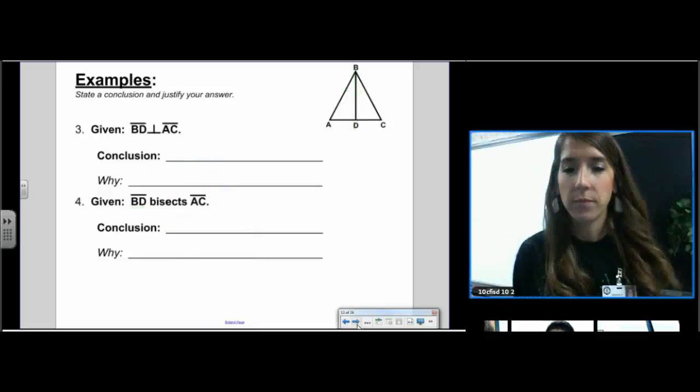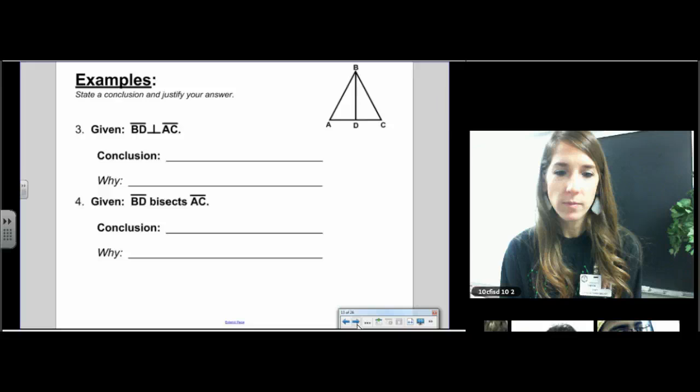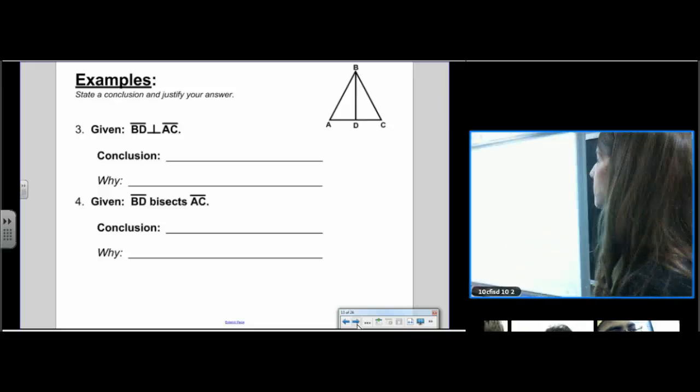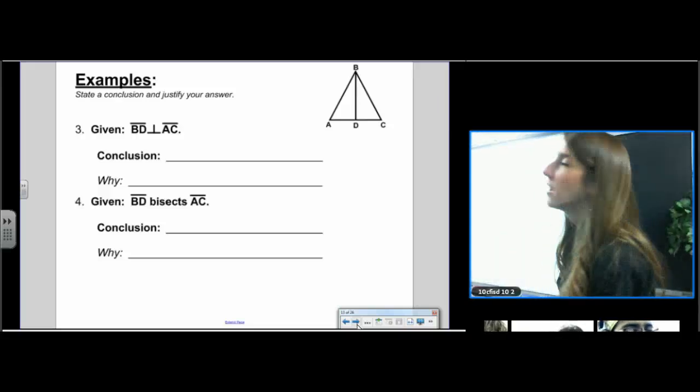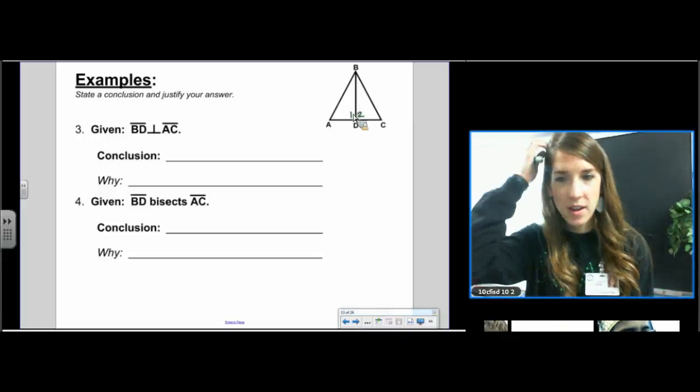Okay, next one. Think in your head what the conclusion is. Write it down somewhere. I'm going to cheat a little bit so I don't have to keep naming this with 3 letters. I'm going to call this angle 1 and angle 2. On the test, we'll put those numbers there for you.